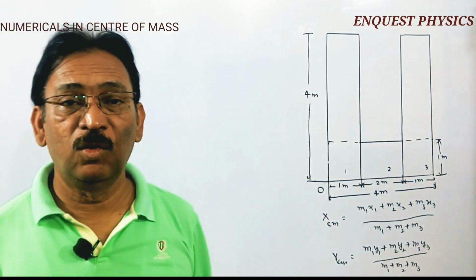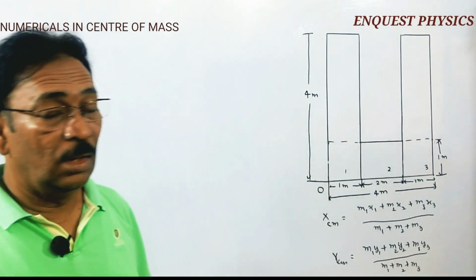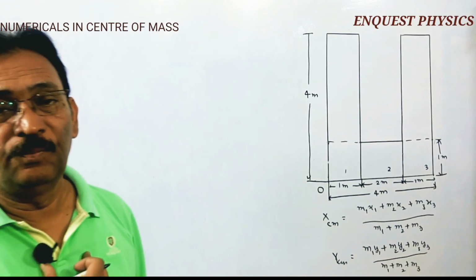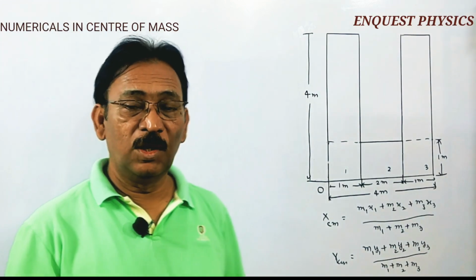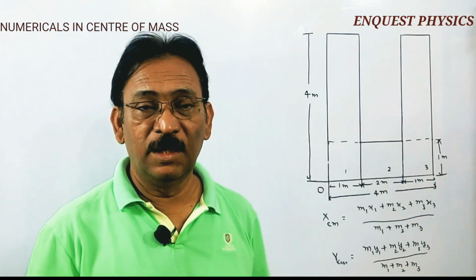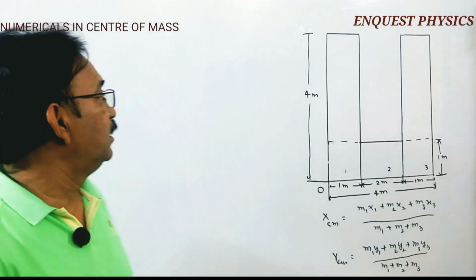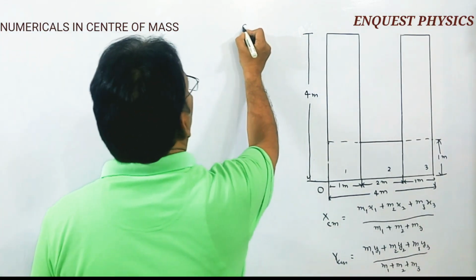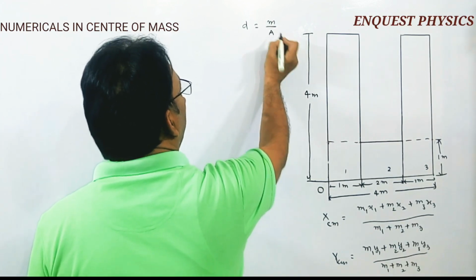First of all, we have to find out the masses as well as the positions. As you have learned before, mass is directly proportional to area since the density of the material is constant. You know that area density is equal to mass by area.